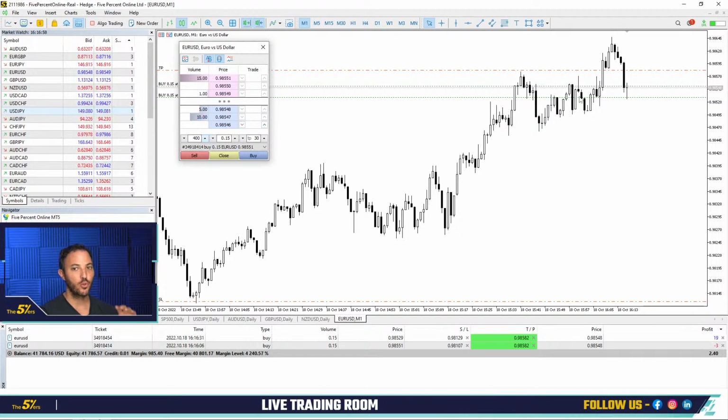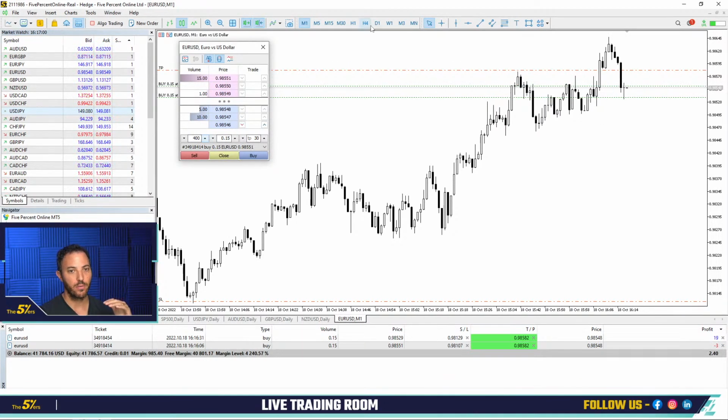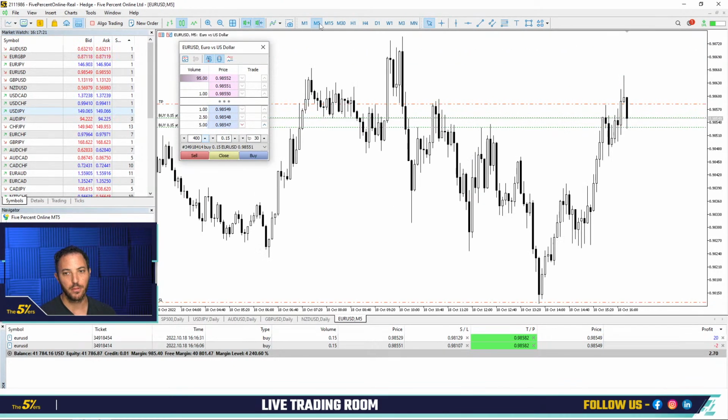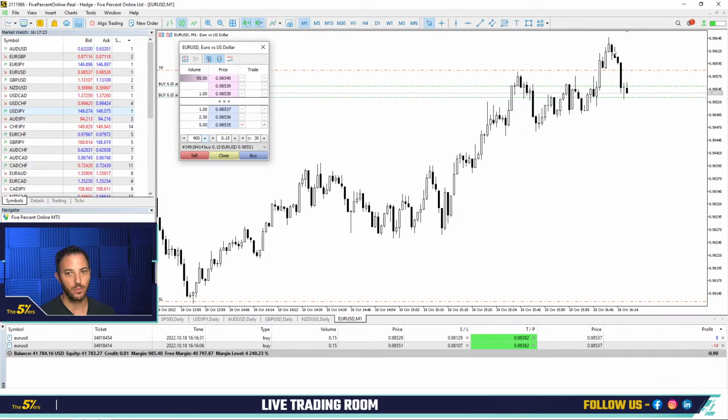And of course, I'm not sure we're going to see a break of this support today during the session. So I'll be trying to aim for that level as my target, intraday target or scalping target. And if I see signs of strengthening, I'll try to hold for longer. But just for scalps, those highs will be my target.